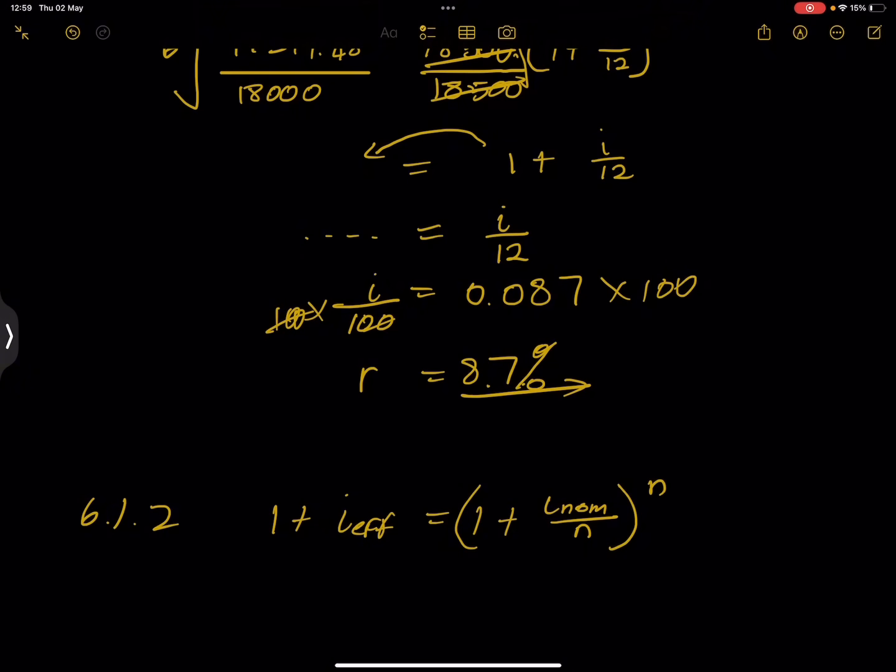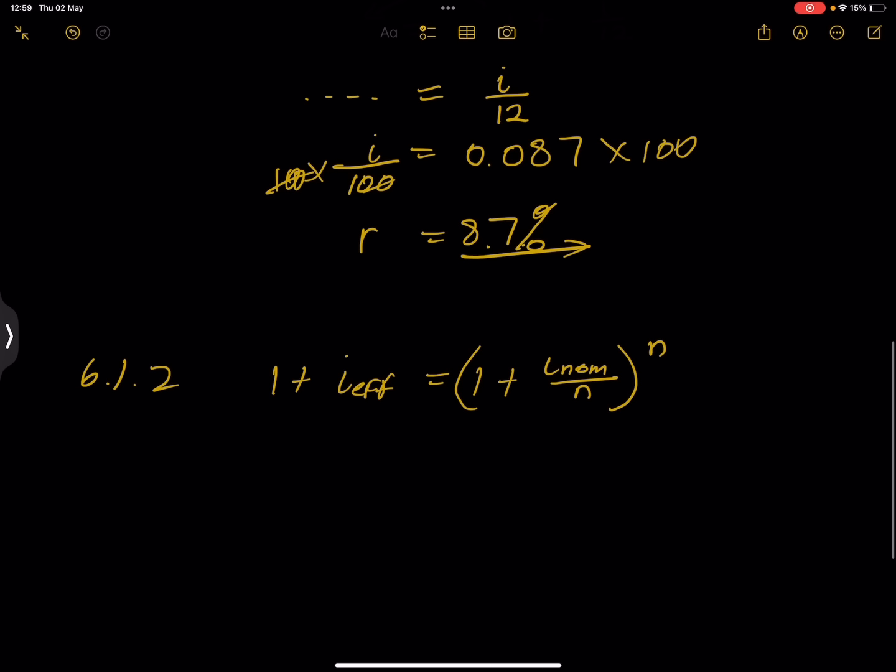And remember that n in this case becomes the compounding cycle per annum. So I'm looking for the effective interest rate, i effective. This is going to be 1 plus, my nominal is 8.7%, so this is 0.087 divided by 12, and in this case, that's raised to the exponent 12.